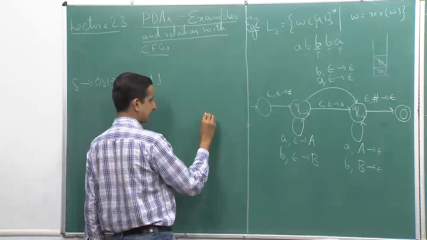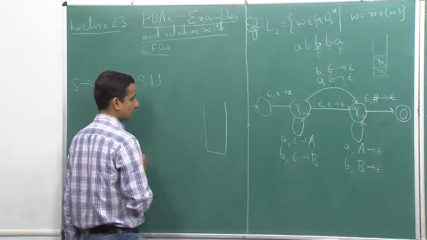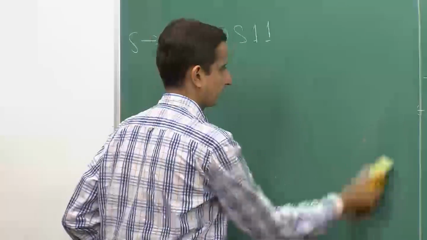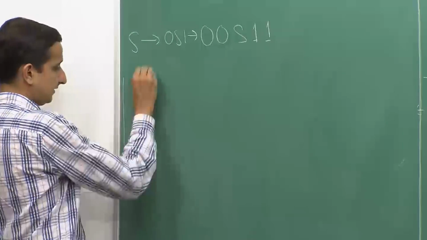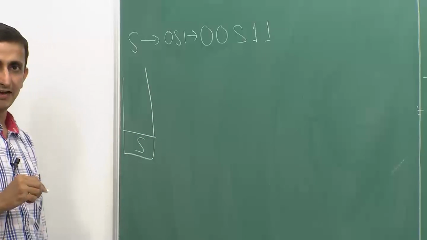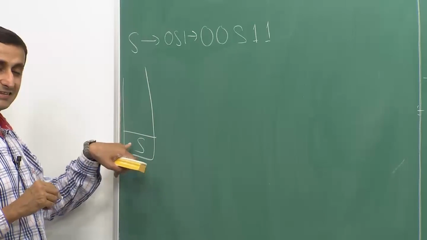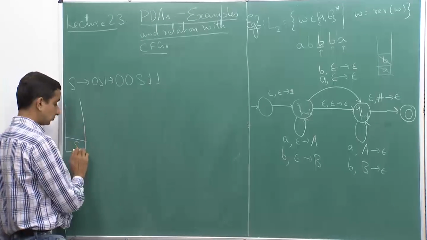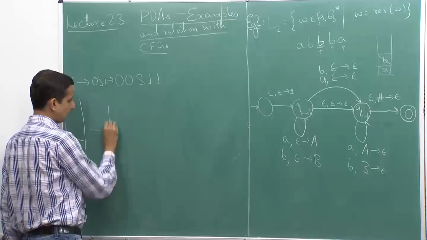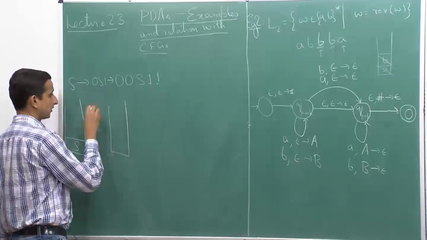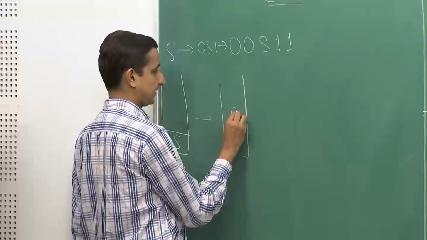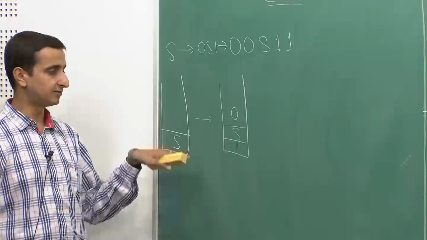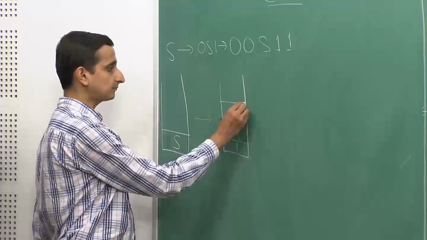At this point, what does my stack contain? Initially I start with S on the stack. Since the top symbol of the stack is a variable, I replace S with its production rule 0 S 1. So I have 0, I have S and I have 1. I push these 3 symbols onto the stack.